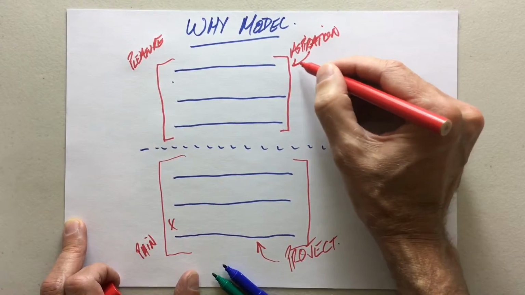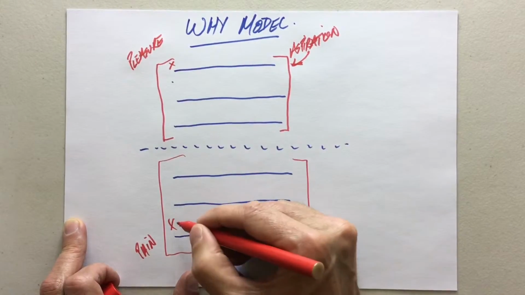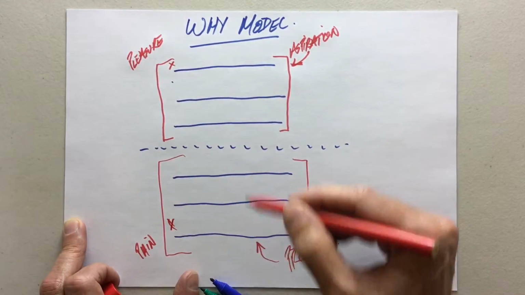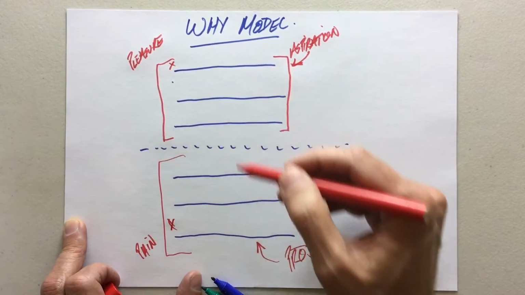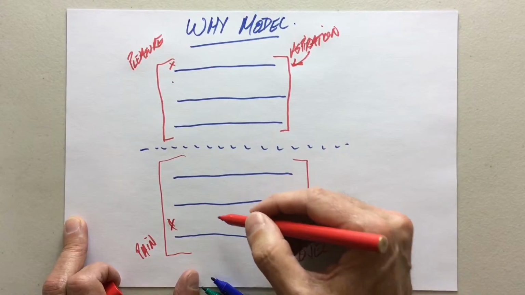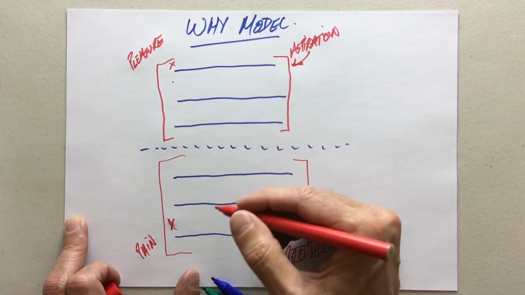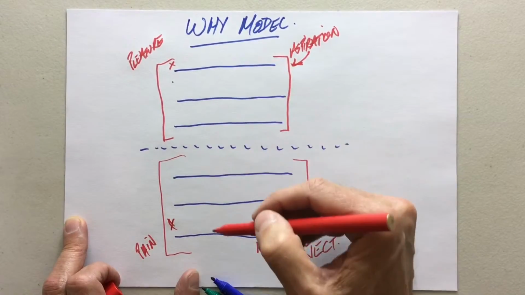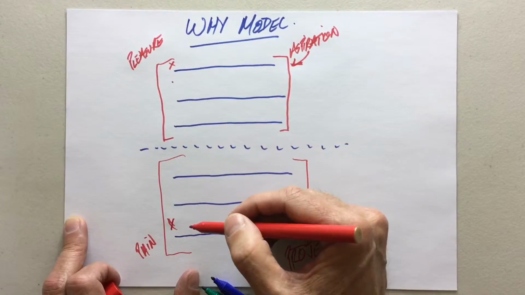Generally when we're doing a model like this, we'll start with the top word and the bottom word, because they're the 2 extremes: from fatigue to fabulous, from pain to pleasure, from something to something. So we always start with these 2 extremes, and then we put some words into these other boxes.